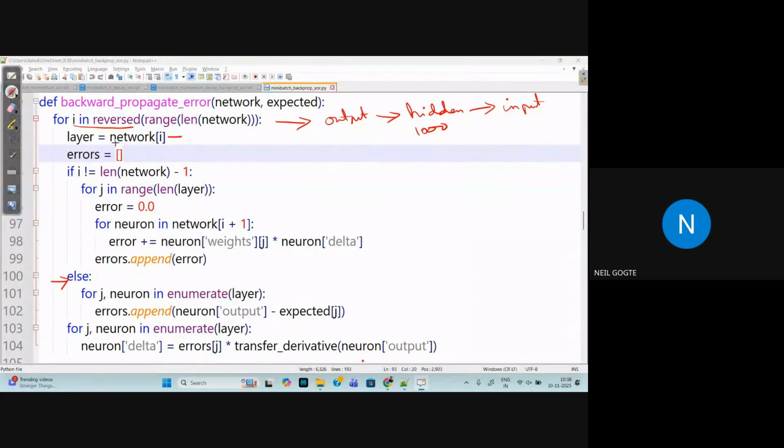As you know, when you say network i, we get the list. So we go through each neuron of the output layer. For the output layer, the error is very easy to compute. It is errors dot append neuron output, whatever is the output, minus expected j. So this is the error. This is for the last layer. That is the error.